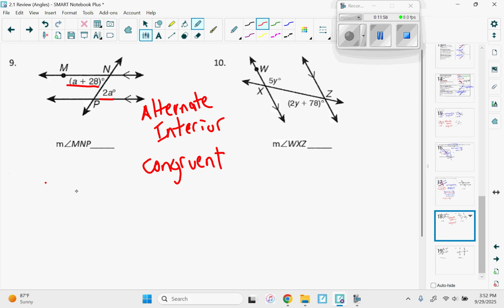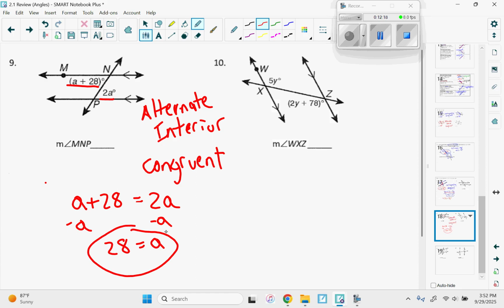So we get, for our equation, a plus 28 is equal to 2a. And again, I'm just going to solve for a. This one's also pretty easy. A is 28. All right, I'm leaving the more difficult ones for you to figure out.